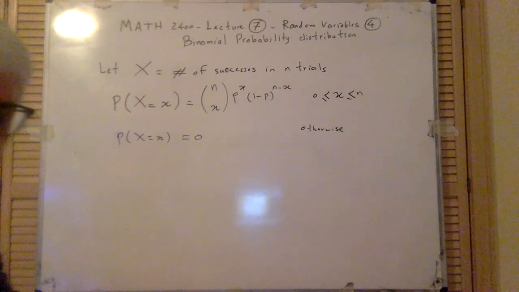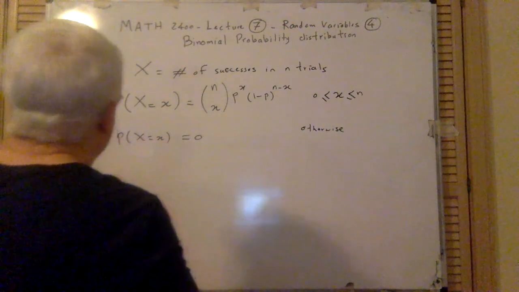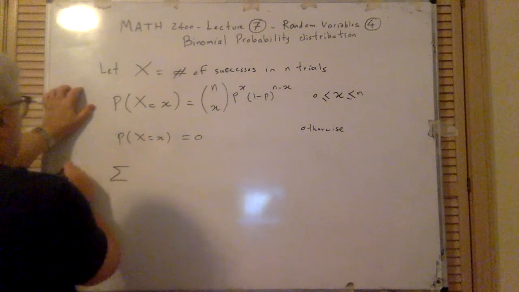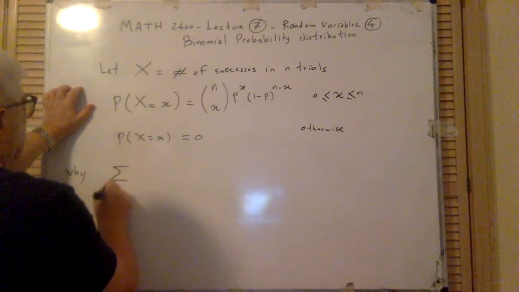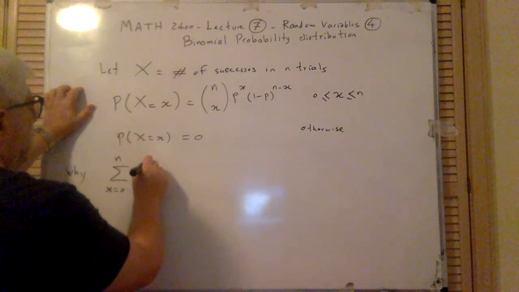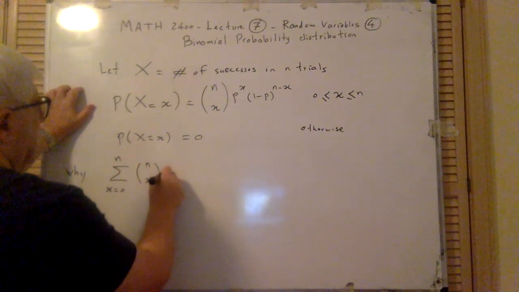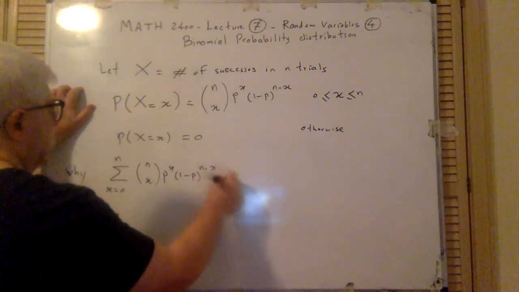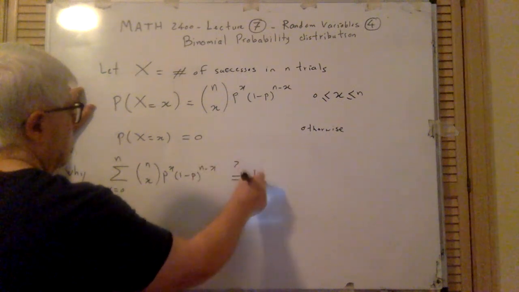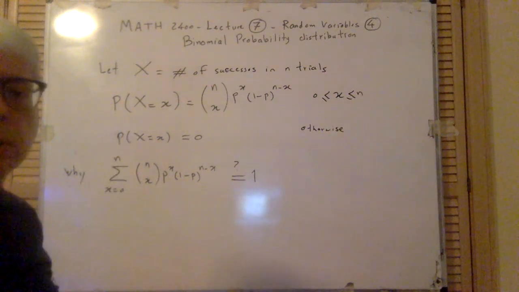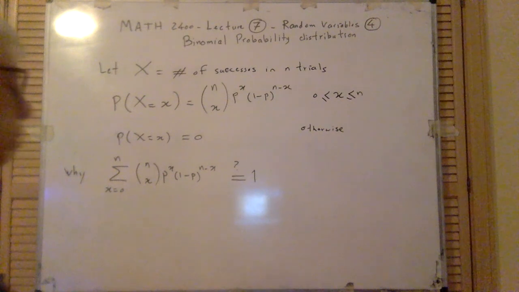Now, one thing is, why is this 1? Why? The sum over x starting at 0 going to n of n choose x, p to the power x, 1 minus p to the power n minus x. Why is this 1? Remember that the distribution should add up to 1. I mean the PMF should add up to 1.